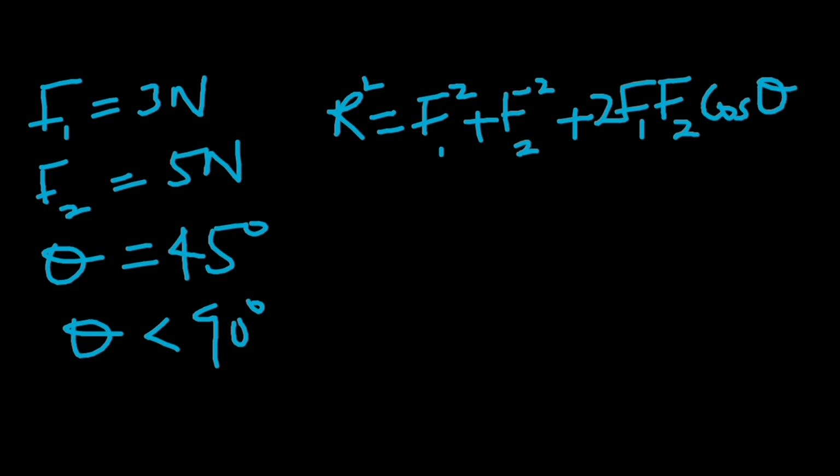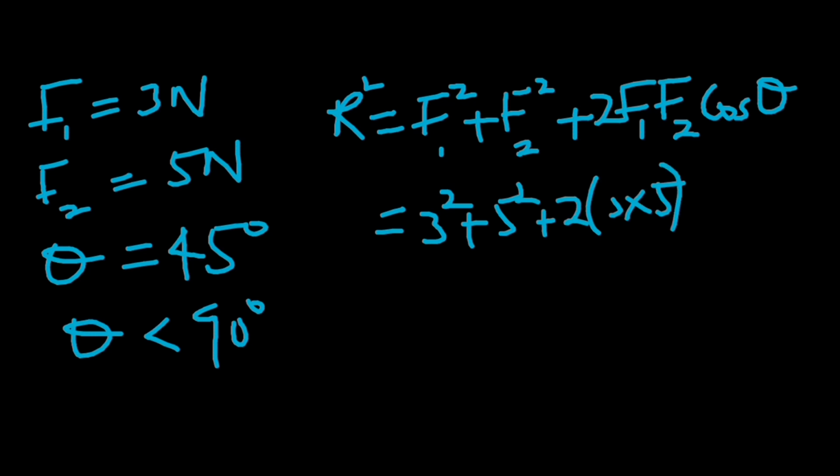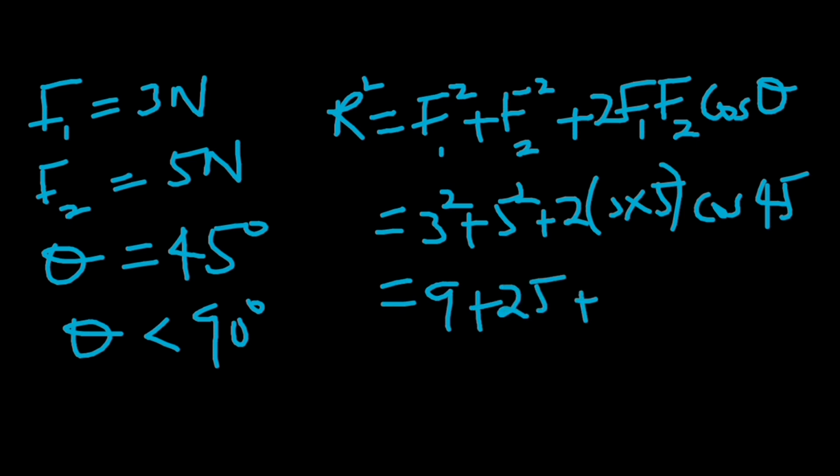So if we substitute values, we shall have 3 squared plus 5 squared plus 2 open bracket 3 multiplied by 5 cos 45, and this will give us 9 plus 25 plus 2 multiplied by 15.